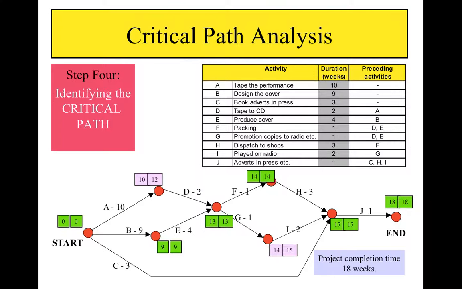Any delay to these critical activities will cause the whole project to be delayed. The critical path then is B, E, F, H, J. These activities must be completed on time or the whole project will run late.